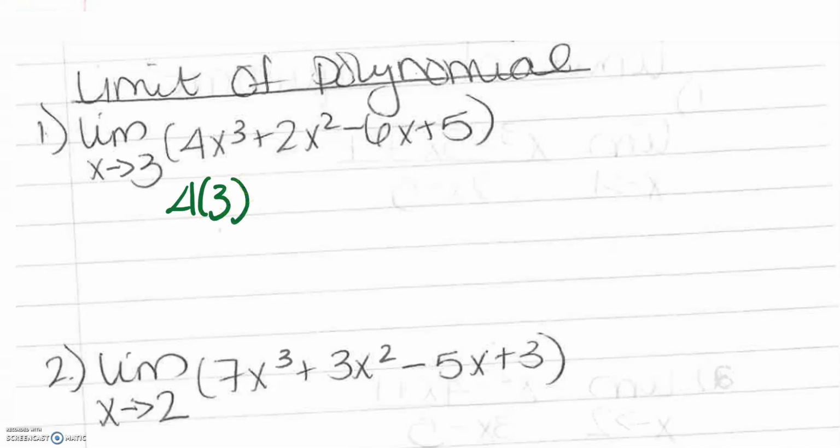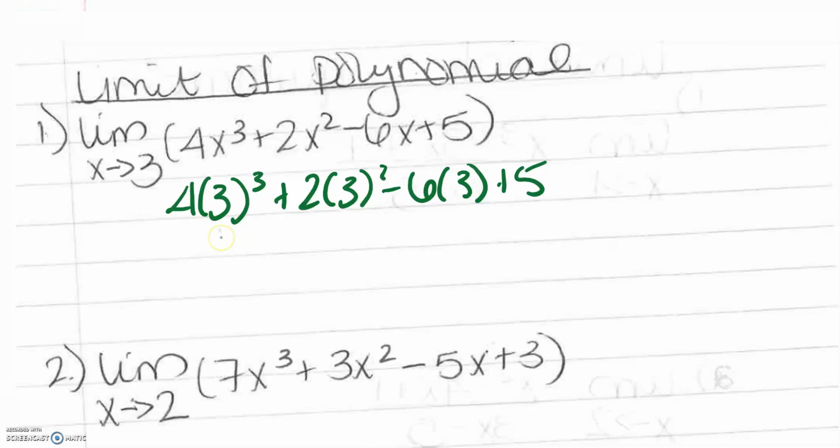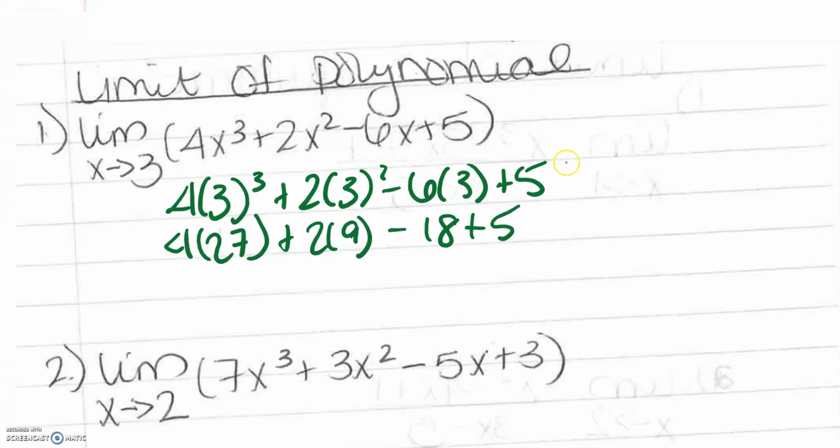4 times 3 cubed plus 2 times 3 squared minus 6 3's plus 5. 3 cubed is 27. So you have 4 27's plus 2 9's minus 18 plus 5.